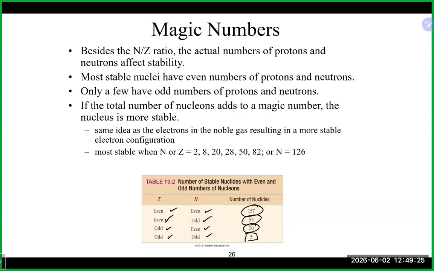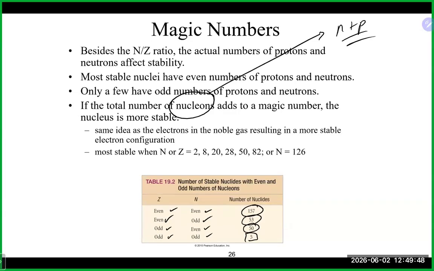Also, when we add up nucleons, a word that you sometimes hear a lot in nuclear chemistry, nucleons are basically the particles within the nucleus, your neutrons and your protons. When they add up to magic numbers, it makes them more stable, kind of like an electron configuration when things try to get to the noble gas configuration, same idea.